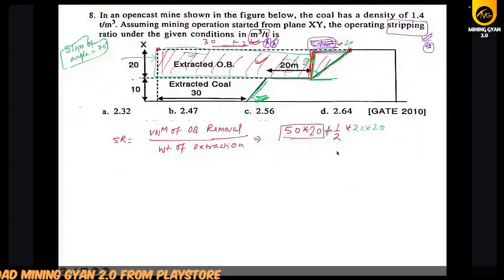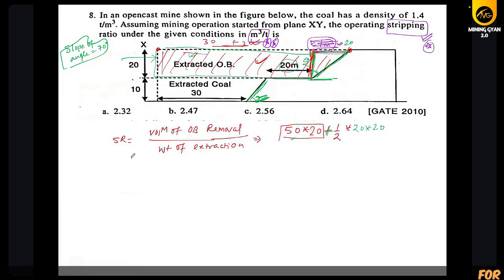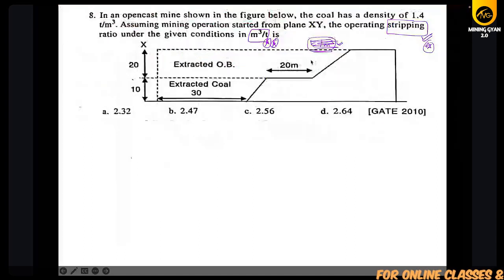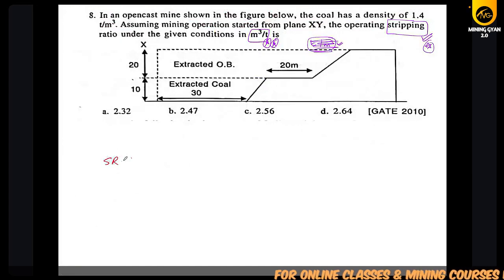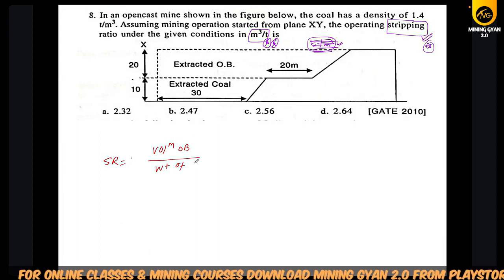So if we are taking 70 degrees, then I will explain from the start, scratch. Otherwise, you will have a doubt. To find out the stripping ratio, you should know the volume of the OB removal divided by the weight of the ore or coal.